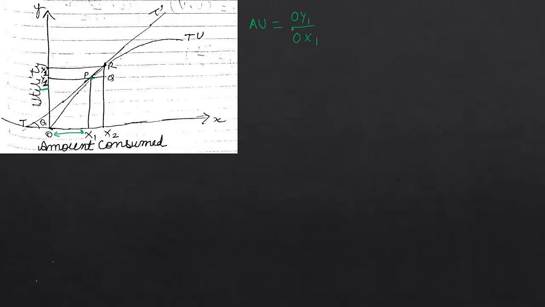But you know, OY1 is equal to PX1. So we can say average utility is equal to PX1 upon OX1.